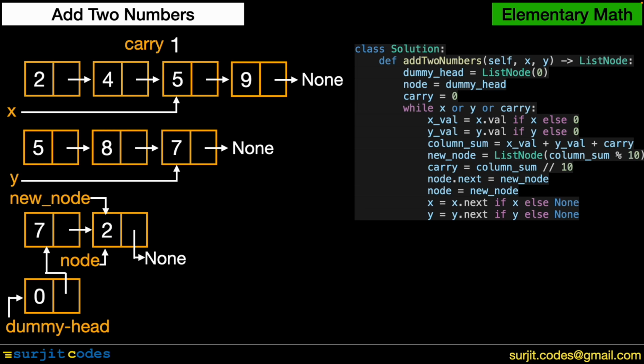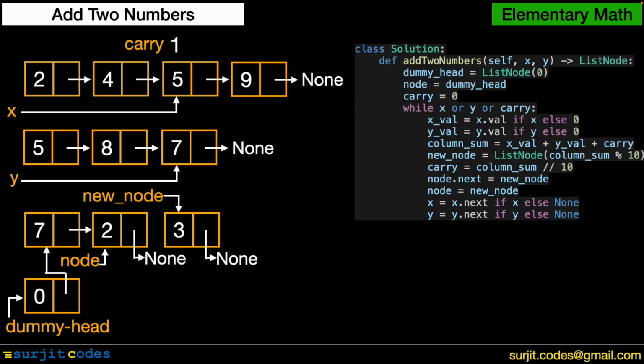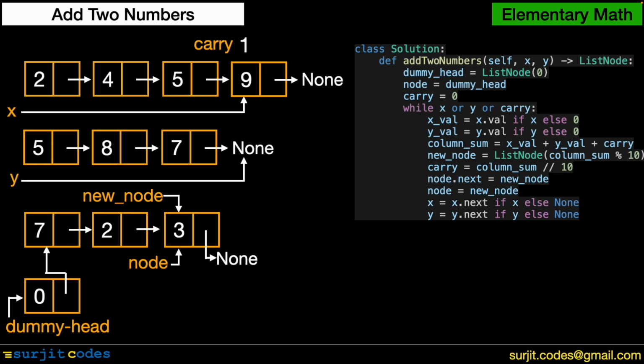In the next iteration, column sum is 13. We create a new node with value equal to 3 and the new value of carry is 1. We point node next to new node and then node to new node. Then we point x to x next, but y is pointing to none.